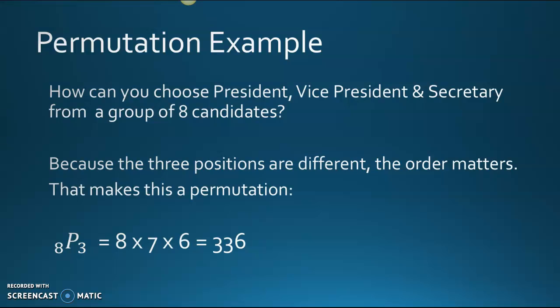In this case, the notation would be 8P3, meaning that we have 8 things. We're taking the number of permutations of 3 of those at a time. And since there are 8 of them, we start with 8. And we do the next 3 factors, 8 times 7 times 6, which is 336. So there are 336 different permutations of taking 3 out of these 8 candidates to be the specific positions of president, vice president, and secretary.